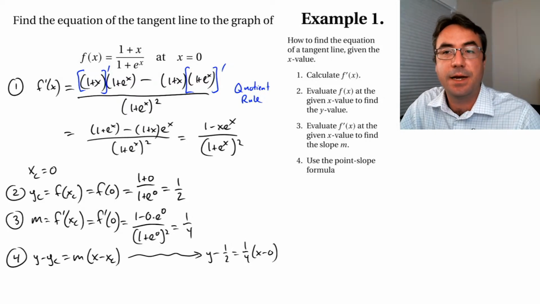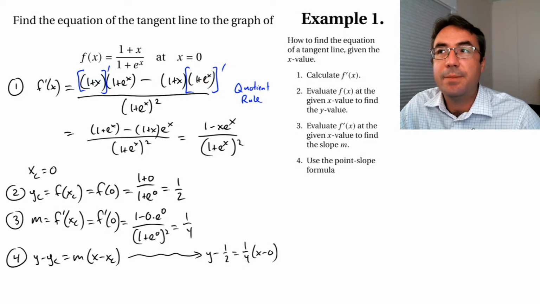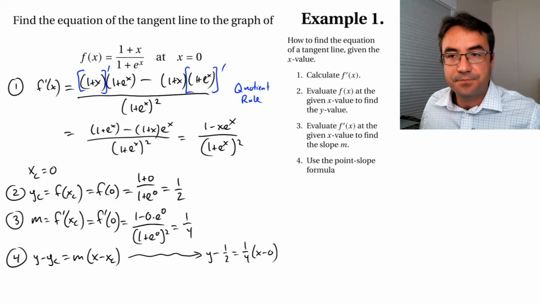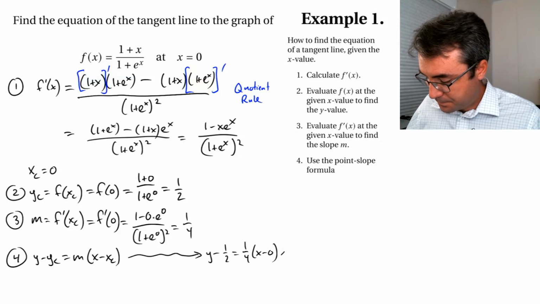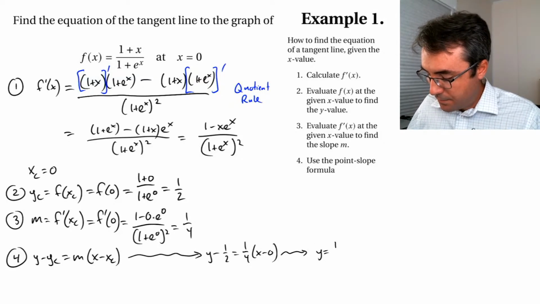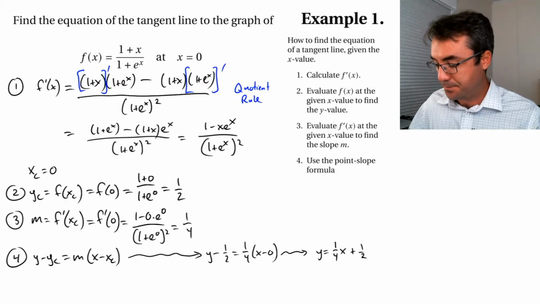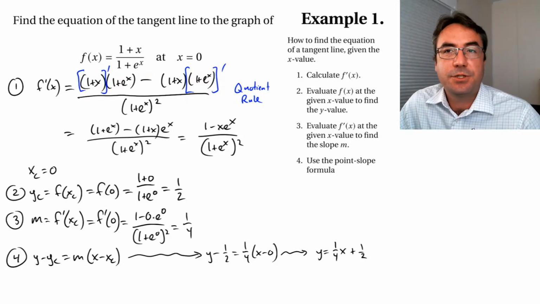So there's our tangent line. Normally we like to get this into y equals mx plus b format. So if we do that, we get y equals 1/4 x plus 1/2. So there's our tangent line.